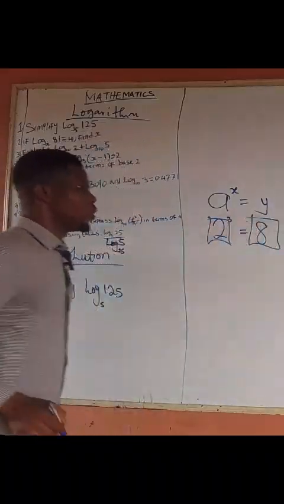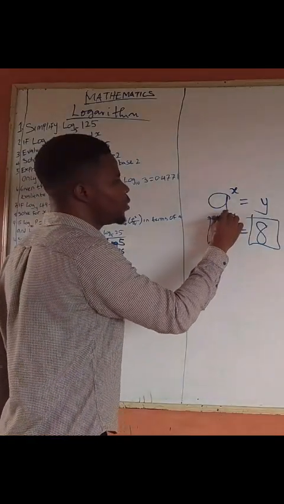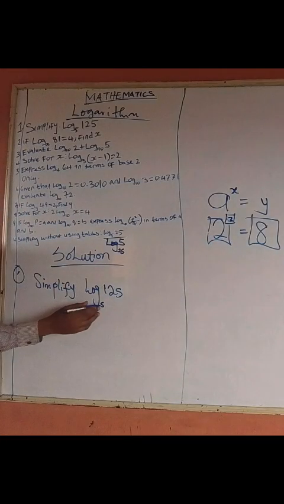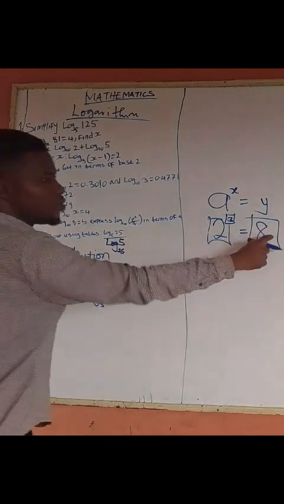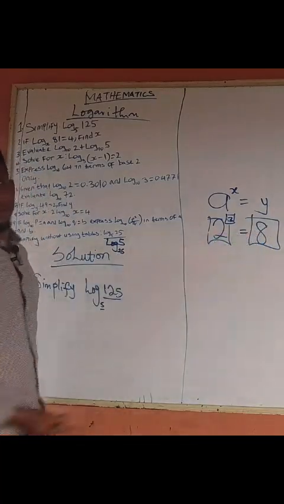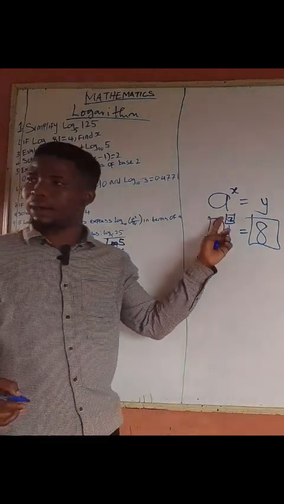So in terms of logarithms, the same thing applies: this is the base of the logarithm, and this is the result you have here. So when you simplify this, what you are looking for is the power.